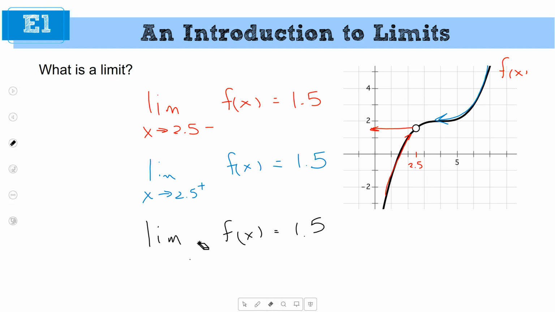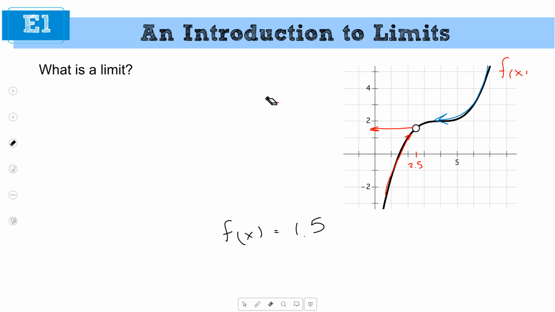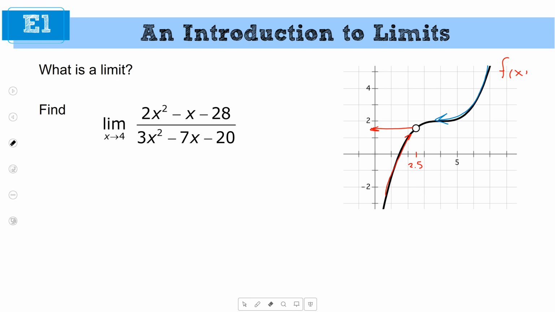Now I wanted to look at an actual problem. I know what this function is. That function is that. Okay. Given the actual function, how do you solve the limit? Well, rule number one, always with limit problems, the first thing you do is plug and chug.